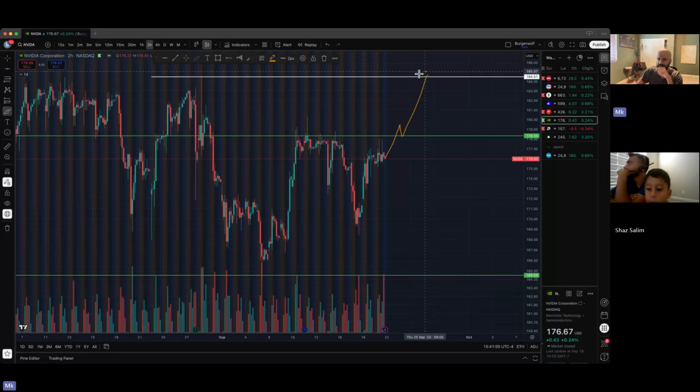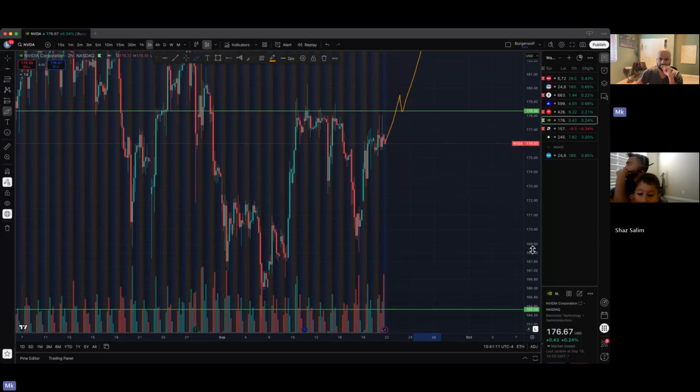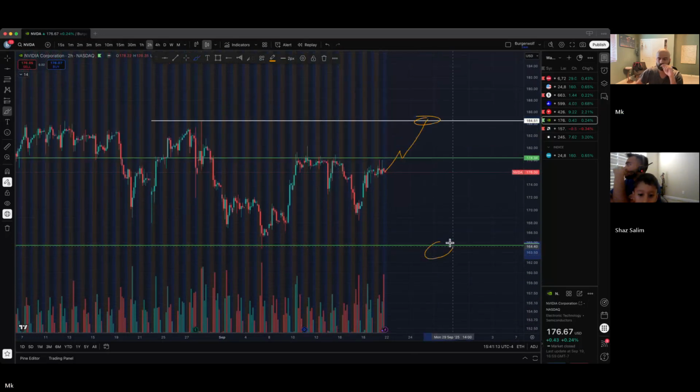Either way, this level is going to eventually get hit. Why? Because that's where the stops are. Either it's coming to this level or it's coming down to this level. Price always wants to gravitate towards a liquidity level.